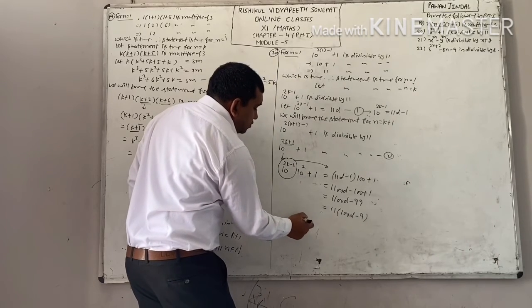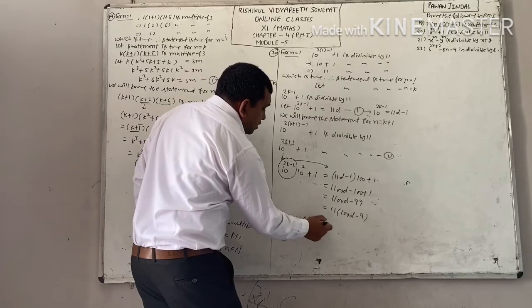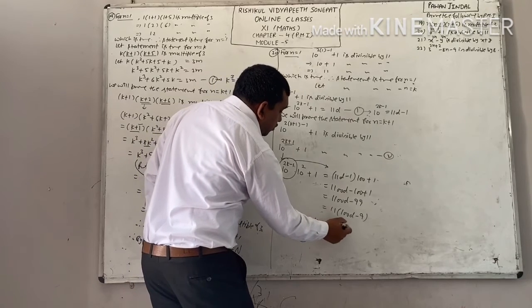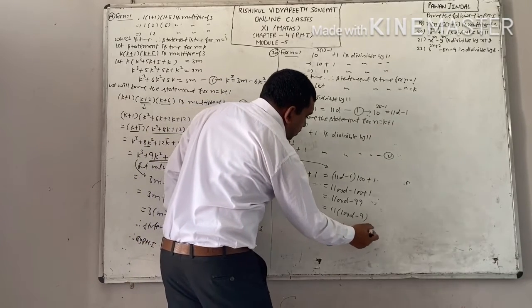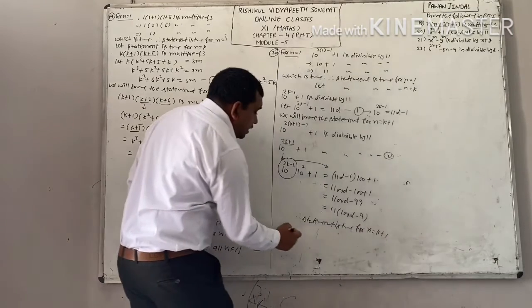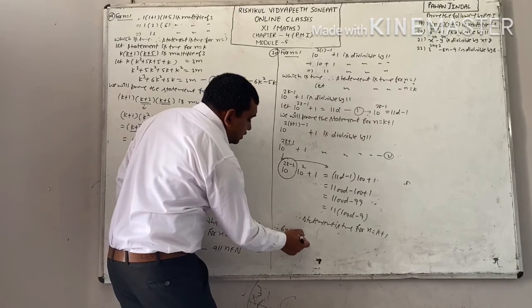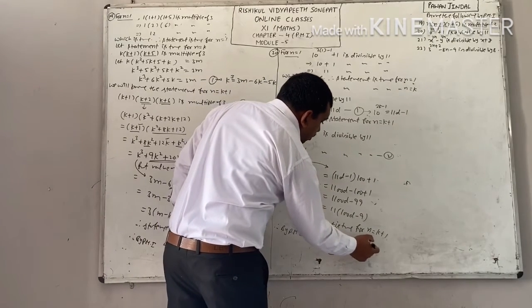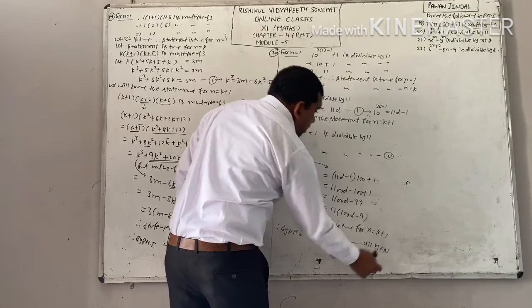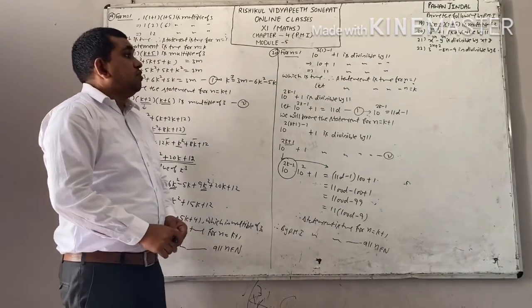Therefore, statement is true for n equal to k plus 1, and the last line, therefore by PMI, statement is true for all n belongs to natural number. This is the question which you have to prove.